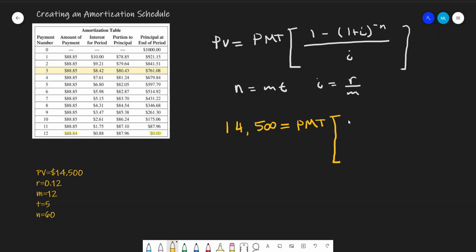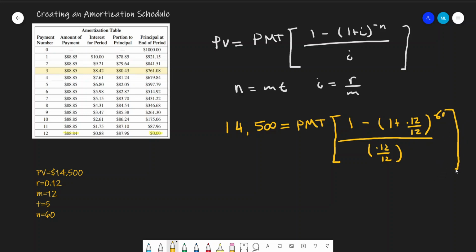For this, we plug in 1 plus r over m, which is 0.12 divided by 12, and all of this is raised to the negative n, which in this case is negative 60, divided by I. But I is 0.12 divided by 12, because this amount was compounded monthly for 5 years, meaning there are going to be 60 payments.